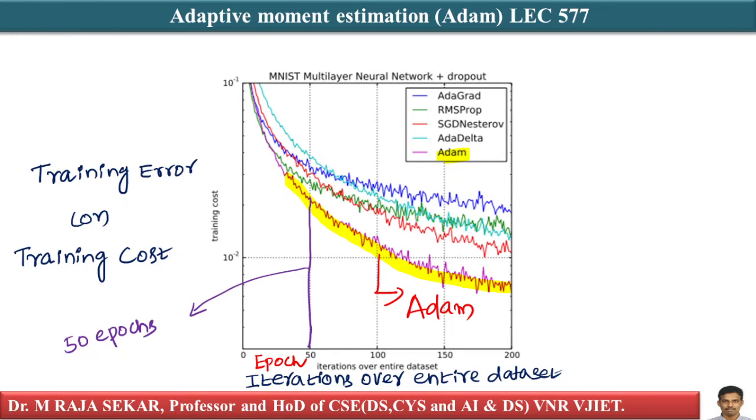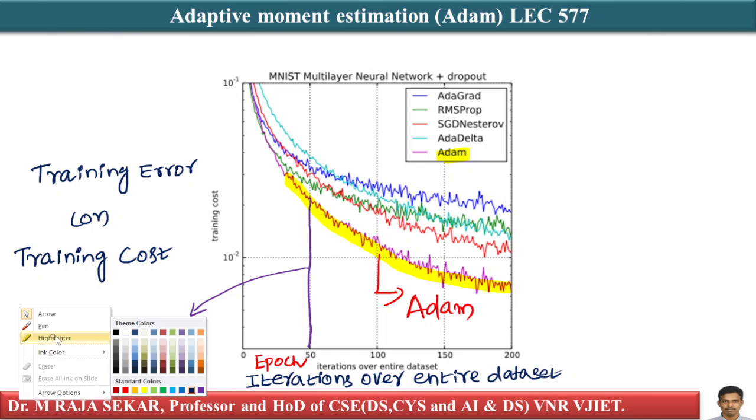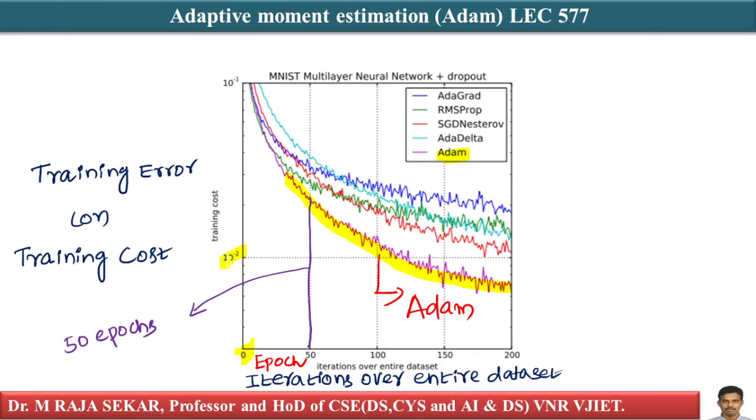On the y-axis I have 0, 10 power minus 2 and 10 power minus 1. This is the MNIST data set with a dropout layer.